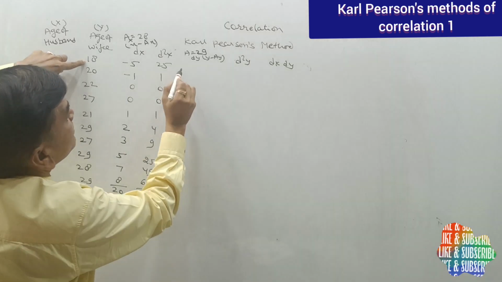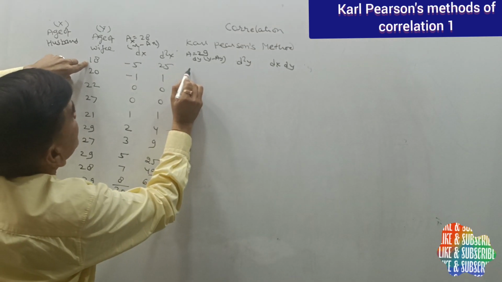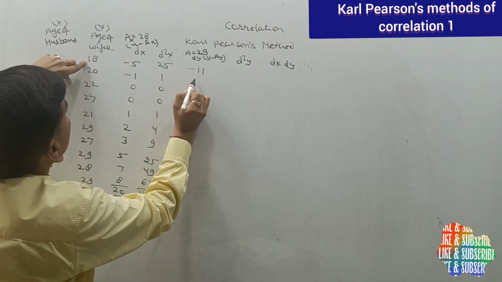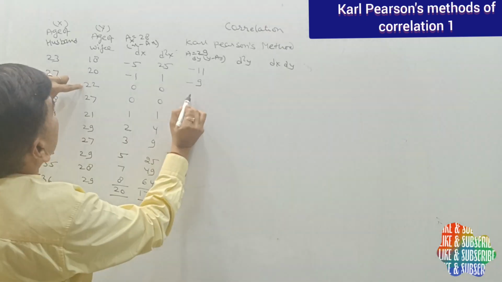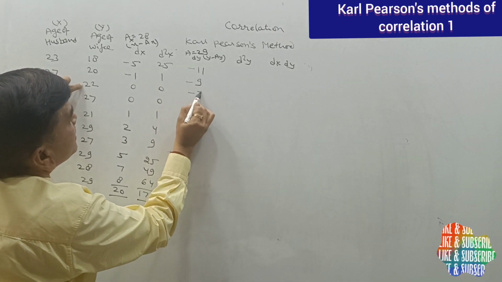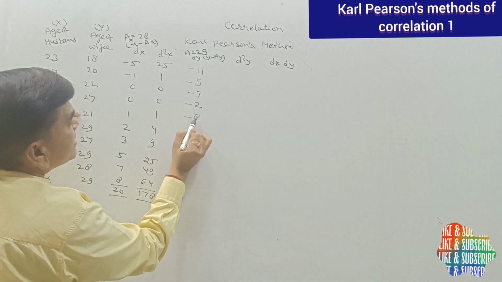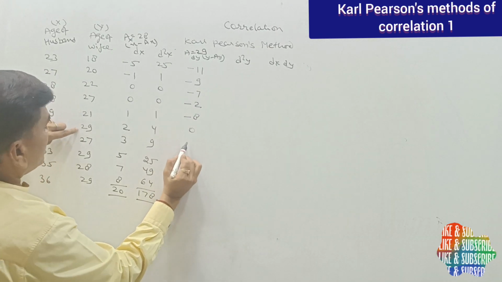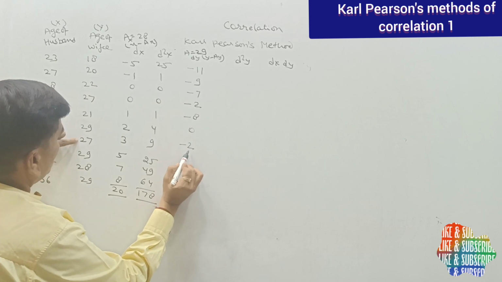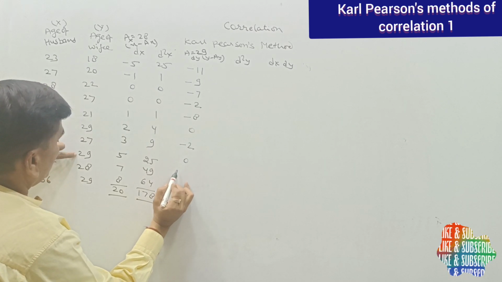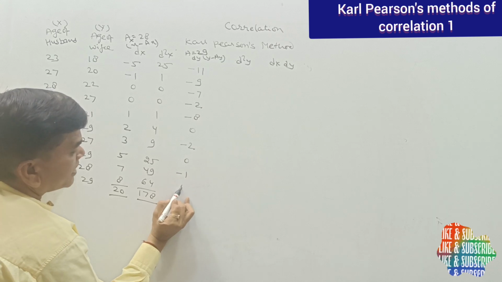So 18 minus 29 is minus 11, minus 9, 22 minus 29 is minus 7, minus 2, minus 8, 0, minus 2, again 0, minus 1, again 0.